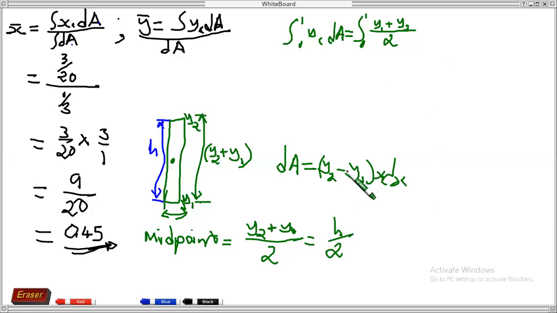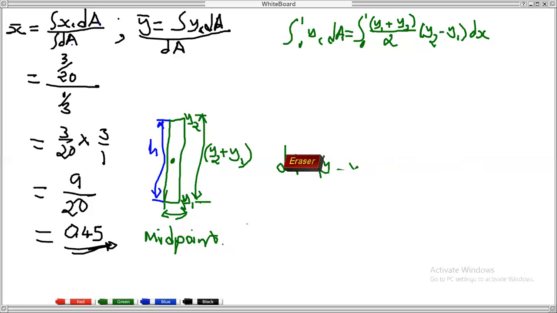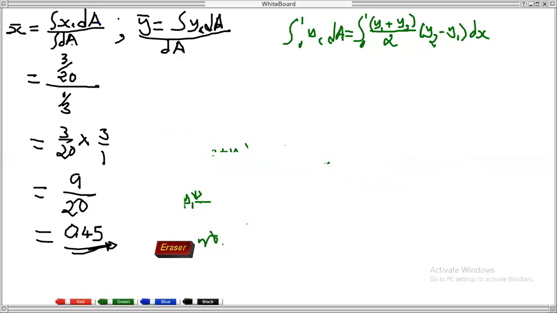So you can use this exactly as it is. So here you go, y2, y1, dx, something like that. Okay, so this is all we have to integrate now.